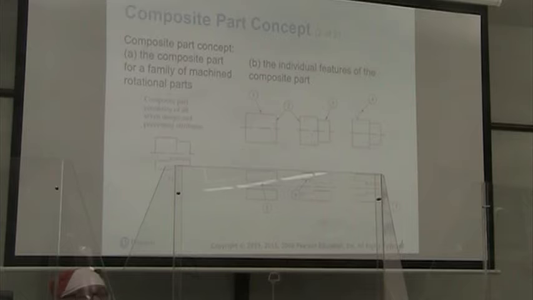Our second part of the composite part is that it has two turned sections, and the hole in the center has two different diameters for different parts of the hole. And then for the third part of the composite part, it has a sleeve inside one part of the hole.